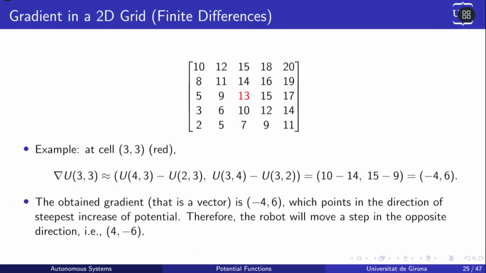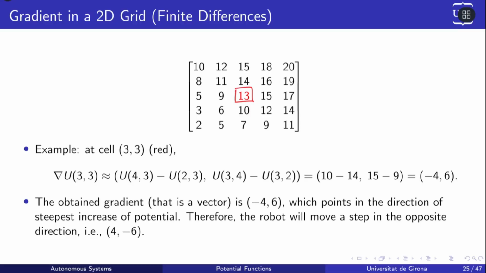Imagine that we want to compute the gradient in this position, in this configuration here, that is 1, 2, 3, 1, 2, 3. Sorry, sometimes I start at 0, 0, sometimes I start at 1, 1. Here it starts at 1, 1, so this is the gradient at 3, 3.